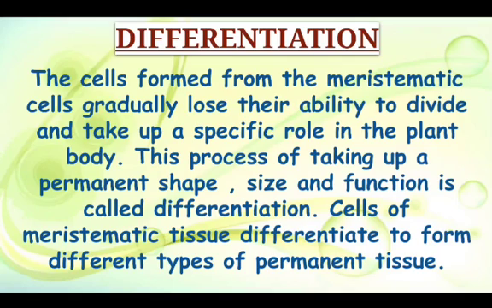The cells of the meristematic tissue gradually lose their ability to divide, and then they take up a specific role in the plant body. At the end, the tissue takes a permanent shape, size, and function. It is called differentiation.